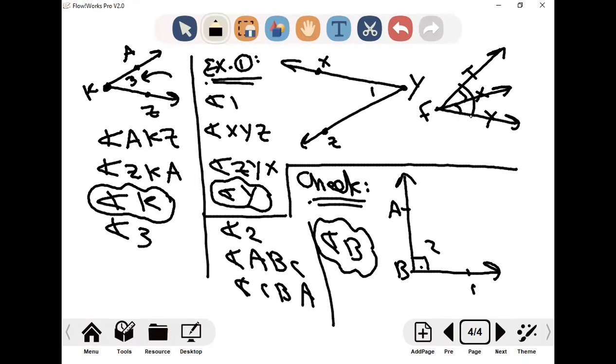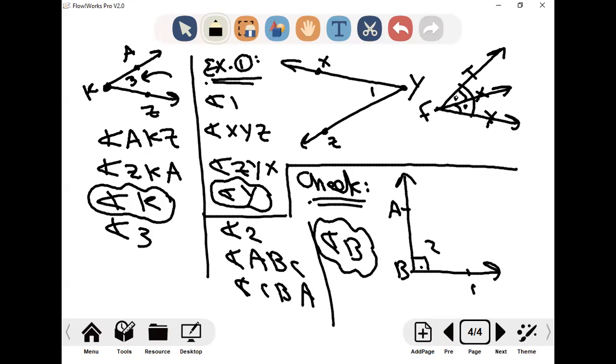So if you say angle F, of which F? Here you need to be specific. If you want the angle down here, what will you say? YFX or XFY. If you want this angle here, FX? F cannot be at the beginning, always in the middle.